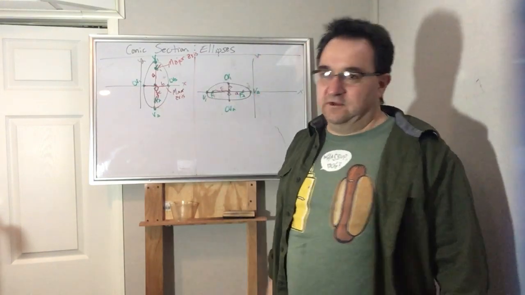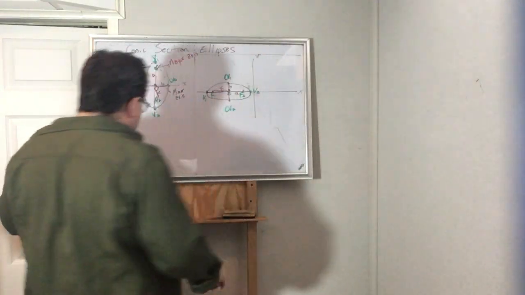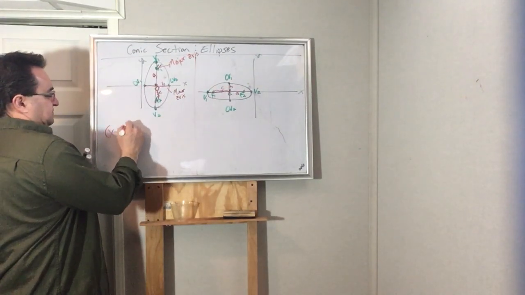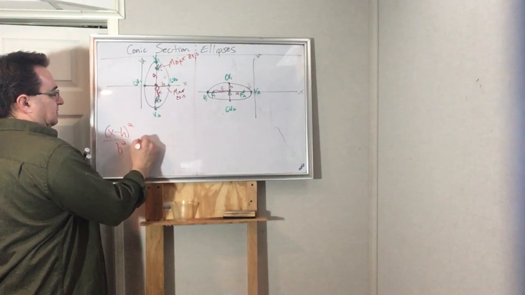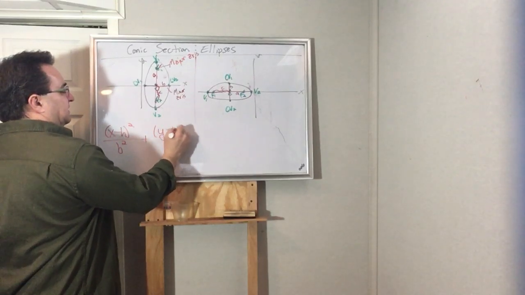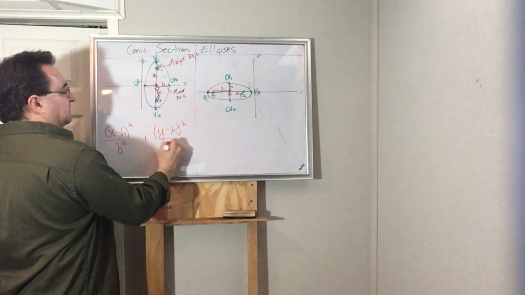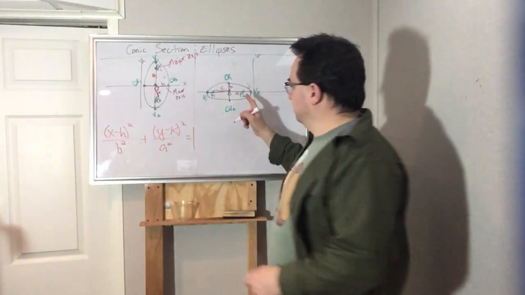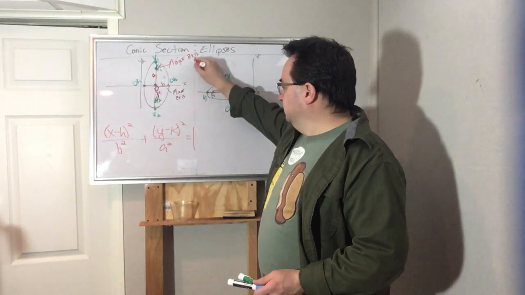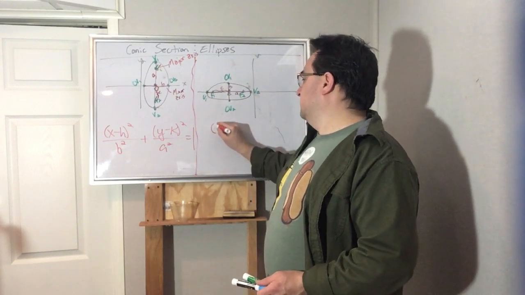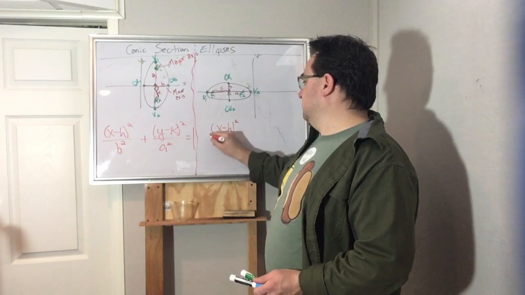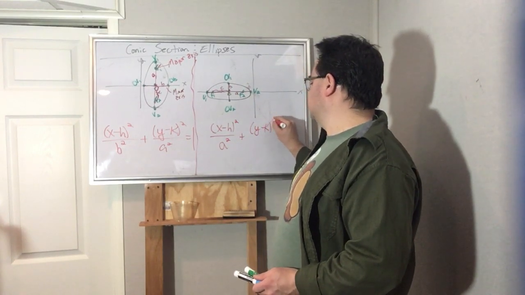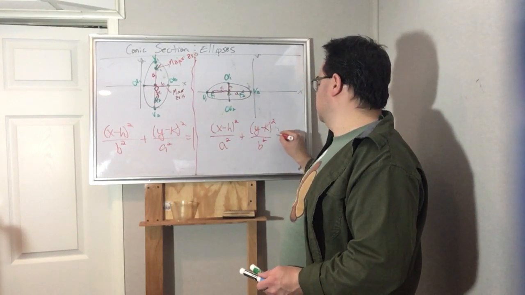For a vertically oriented ellipse, we have (x minus h) squared over b squared, plus (y minus k) squared over a squared, equals 1. For a horizontally oriented one, (x minus h) squared over a squared, plus (y minus k) squared over b squared, equals 1.